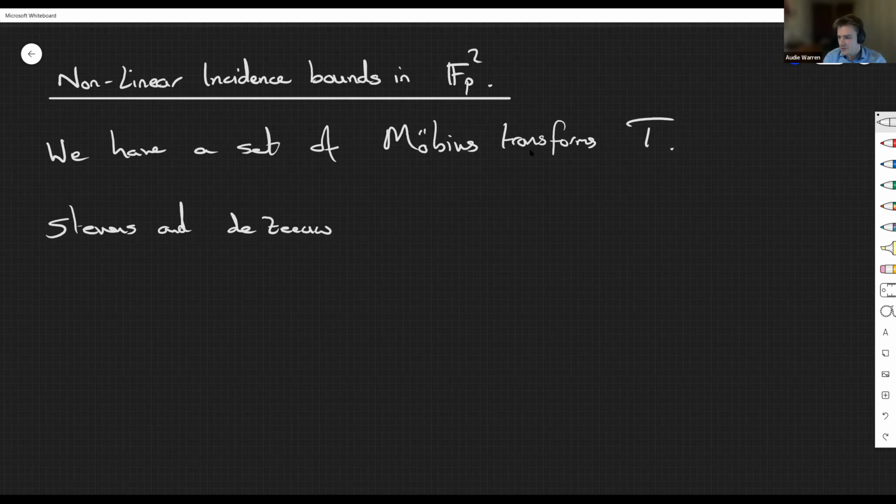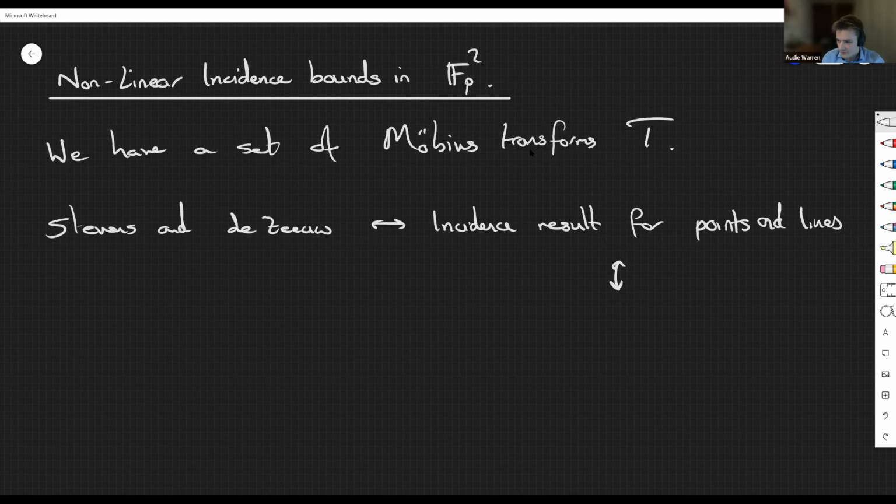So Stevens and de Zeeuw have an incidence result for points and lines. If you were to rephrase this, this is actually an upper bound for the number of k-rich lines, which I will explain in a second.